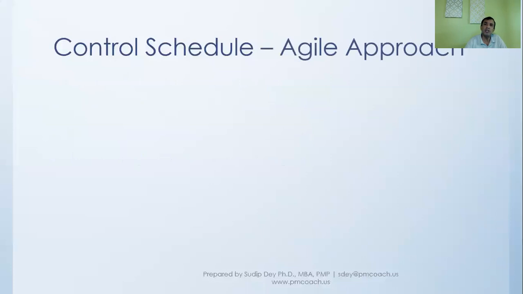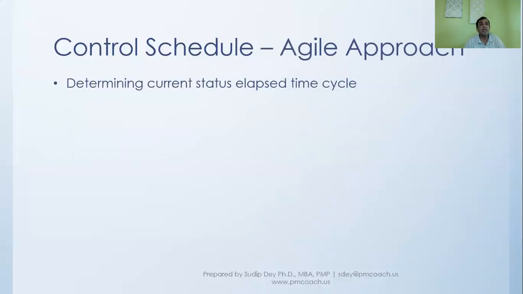Now, in the agile approach, there are some things that we'll talk about, which is that we determine the current status of the elapsed time cycle. We talk about time cycle because we are talking about different iterations. And when we are going through the process, we will do retrospectives. If you remember, when we talked about agile, retrospectives is where the team comes together and reflects on what has happened well, where we can improve, and so on.